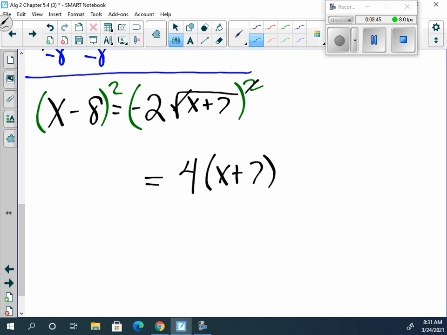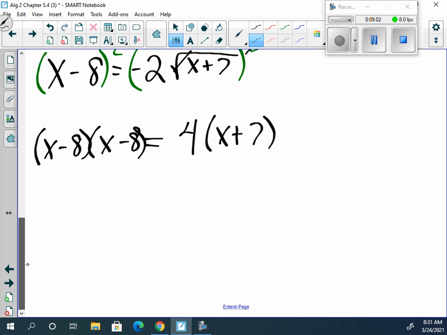We have the other side, x minus 8, because this is really saying x minus 8 times x minus 8. Unfortunately, we will have a middle term.